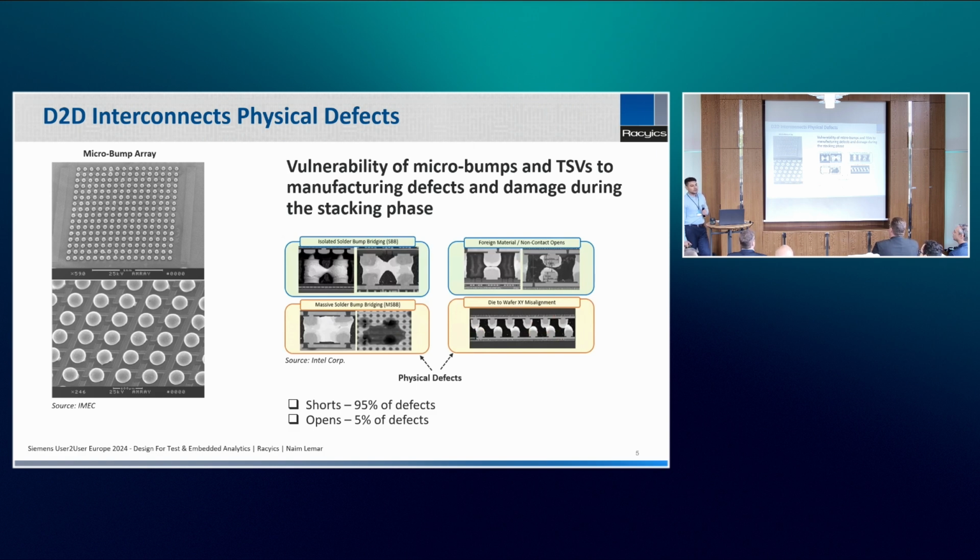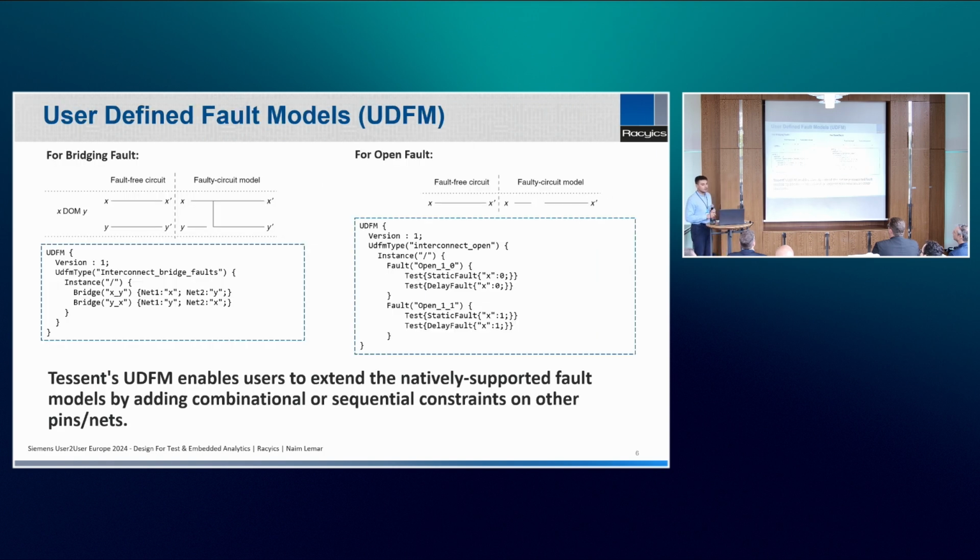First we need to do some modeling to convert these physical defects into logical faults. In order to do this, Tessent has a solution to explicitly define the fault model. It's called user-defined fault model, UDFM.